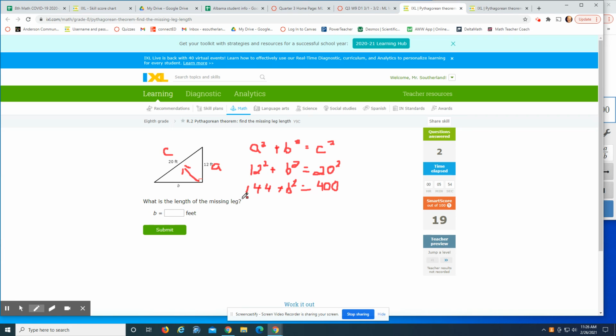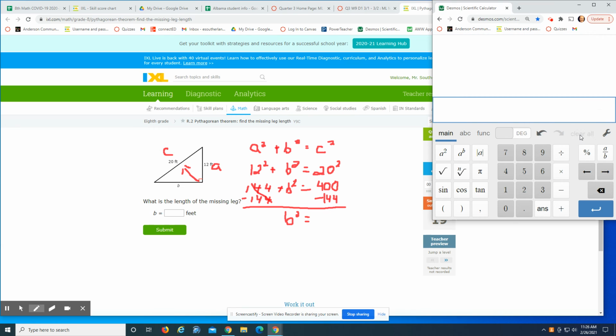And then my next step is to subtract 144 from both sides. So those will cancel. B squared drops down. Equal sign drops down. Again, you can use the calculator if you want. 400 minus 144 is 256.